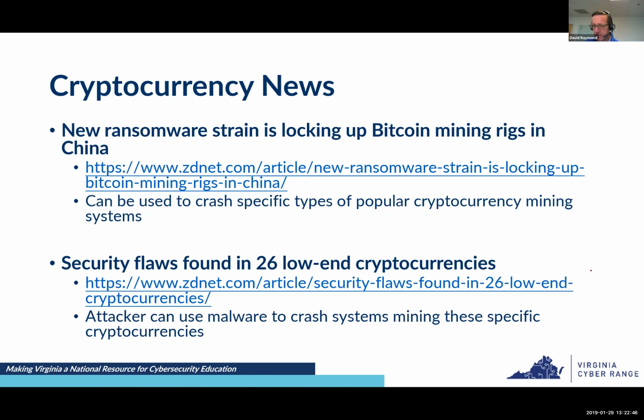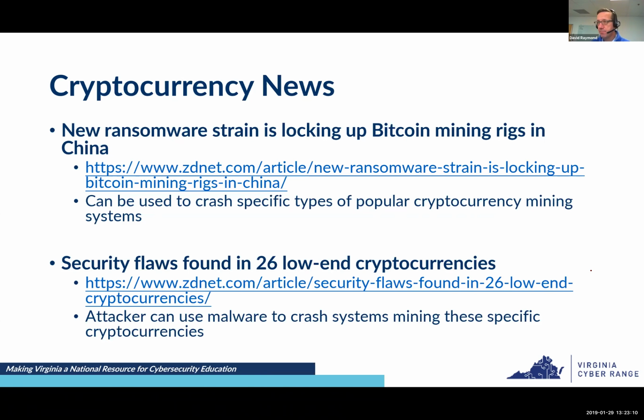And then the next news story there: security flaws found in 26 low-end cryptocurrencies. So this story is about malware that is used to crash systems mining some very specific cryptocurrencies, right? So these security flaws are found in not particular hardware, but particular cryptocurrency software.